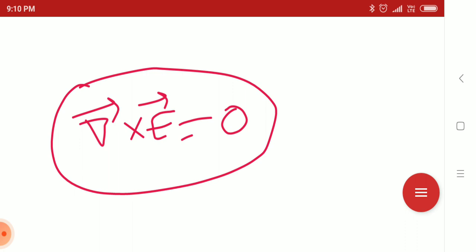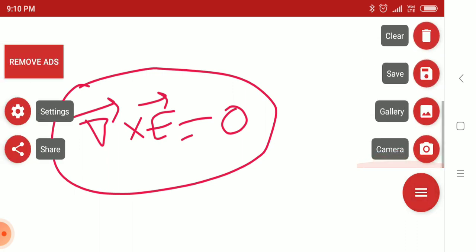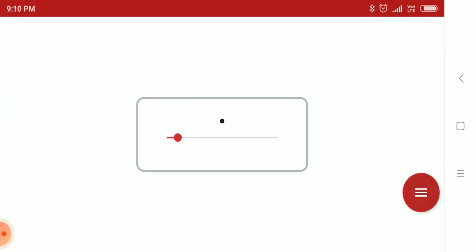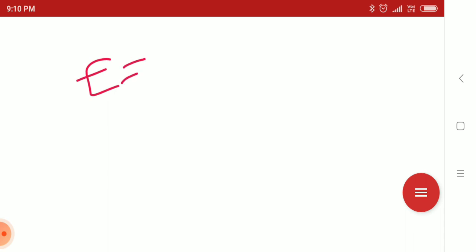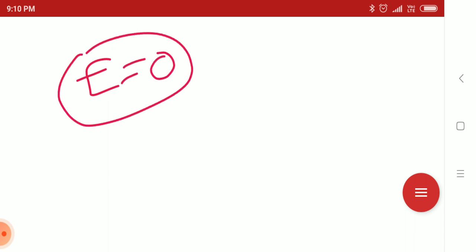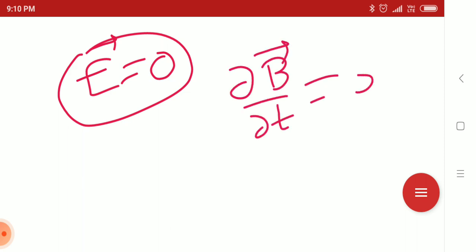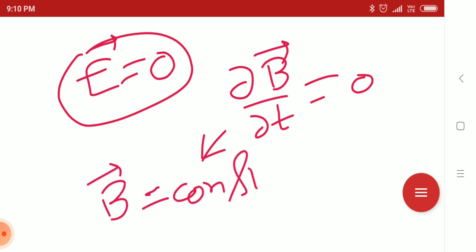Again we can say the vice versa thing: if E equals 0, then del B by del t equals 0, which implies that B equals constant.